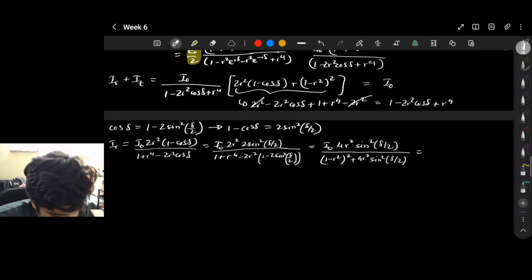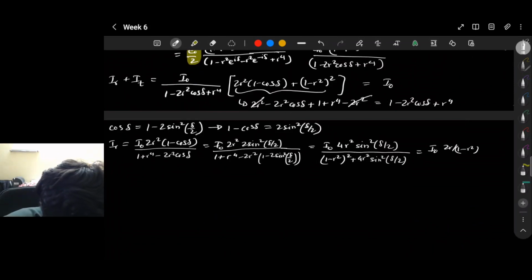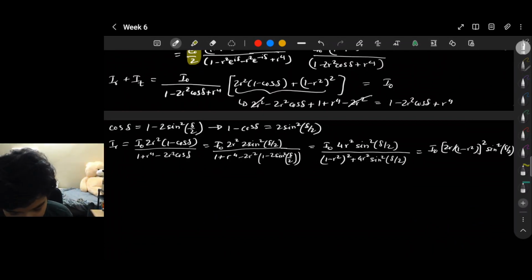Okay, correct me if I'm missing something, because this is just algebraic steps and I can mess up over here. So we take this 2r over 1 minus r squared, whole squared, this term common.